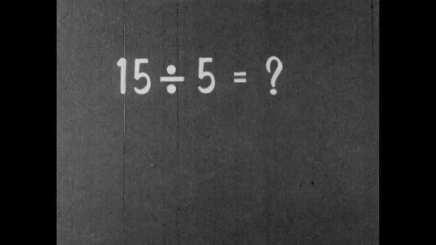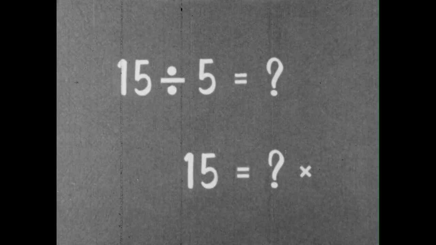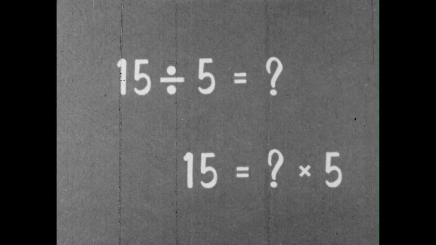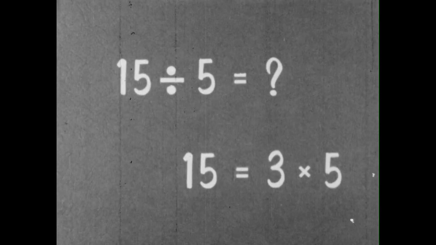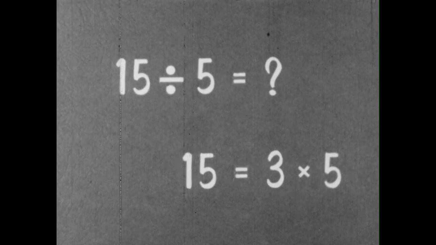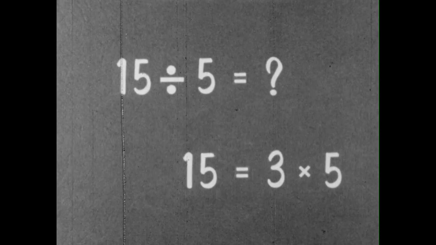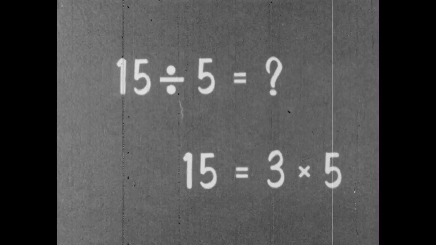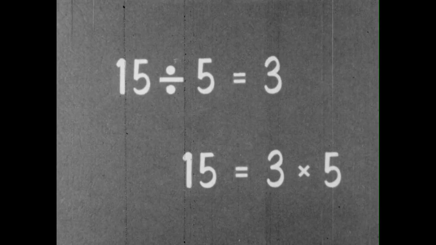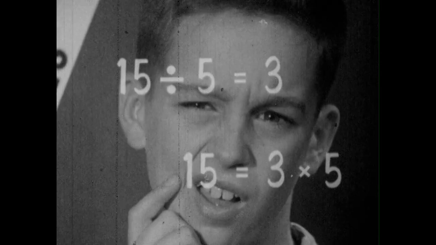When you're trying to think 15 divided by 5 equals what, and you can't remember, think of this. 15 equals what times 5? Your multiplication facts tell you that 3 times 5 equals 15. Because you know this fact, you know that 15 divided by 5 equals 3. So you see, the multiplication facts will help you find the answers in division.